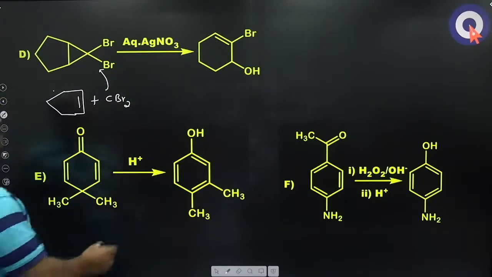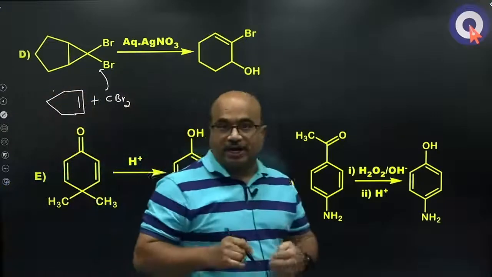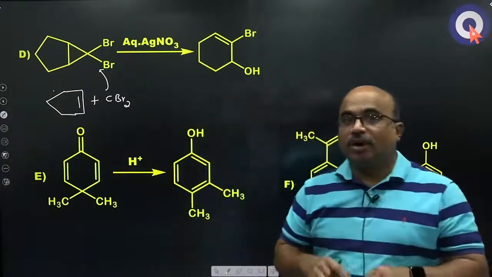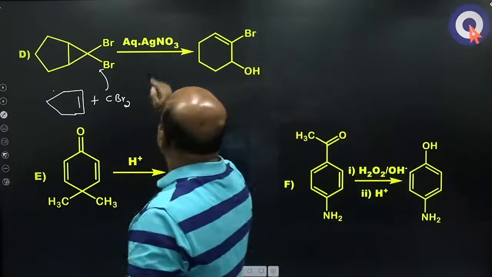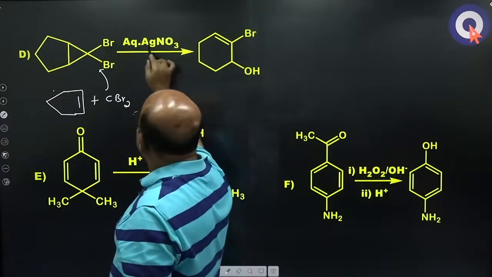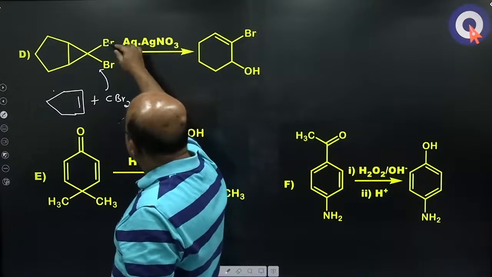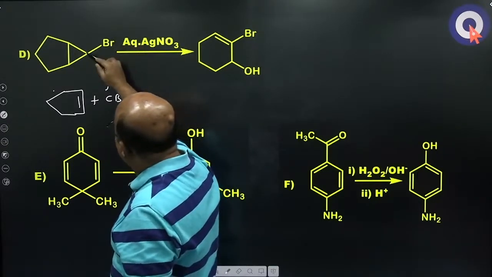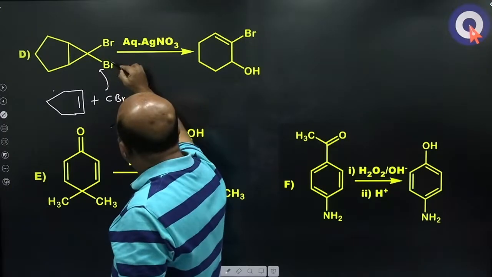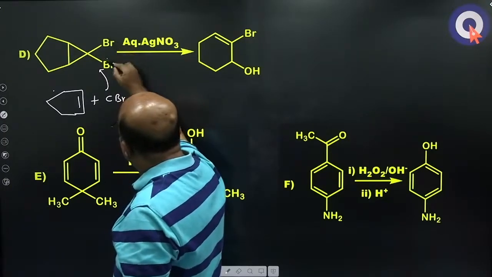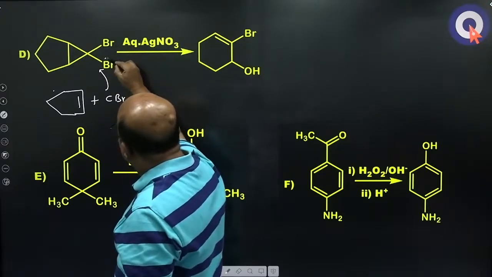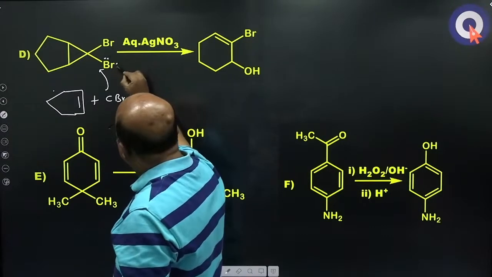So when we add aqueous silver nitrate to this, what will happen? The Br can be abstracted by the silver ion, because Ag plus will take out one of the Br. You get a carbon with positive charge, and since the halogens have lone pairs, that carbon positive charge is stabilized.